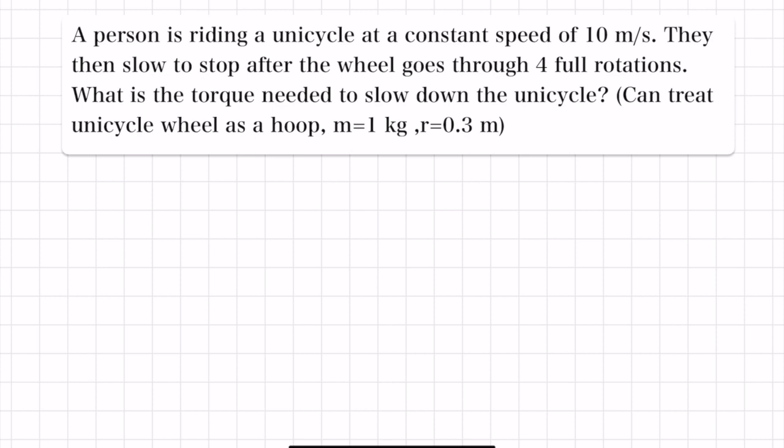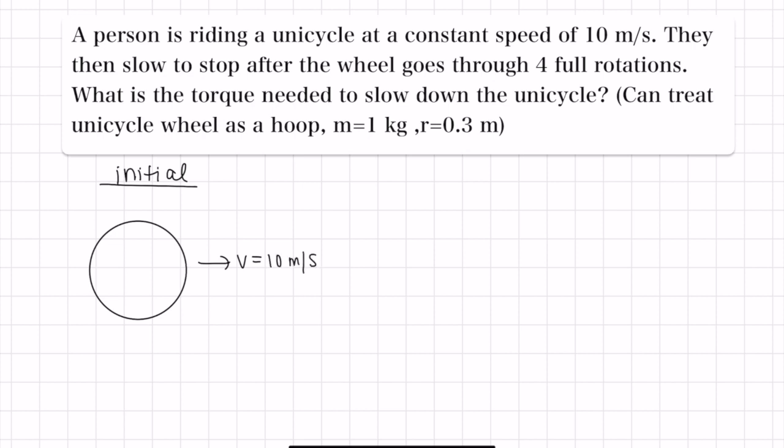So we'll go ahead and draw our picture. We're going to have our initial state with our wheel moving at v equals 10 meters per second.